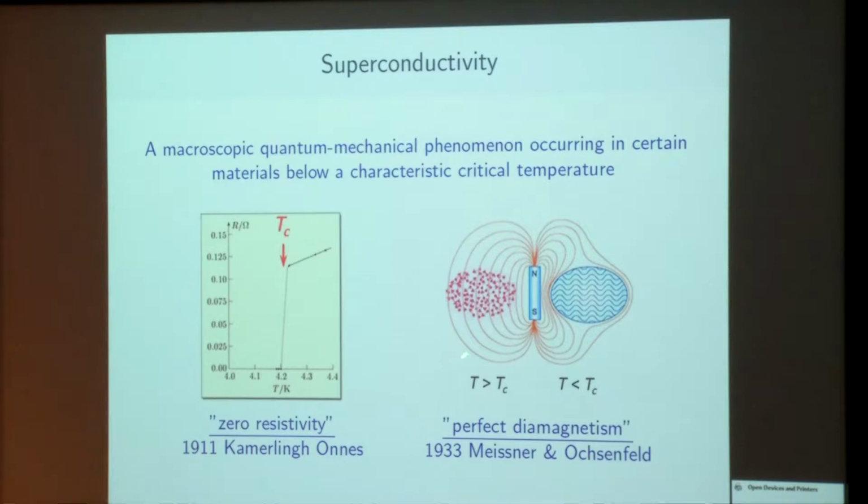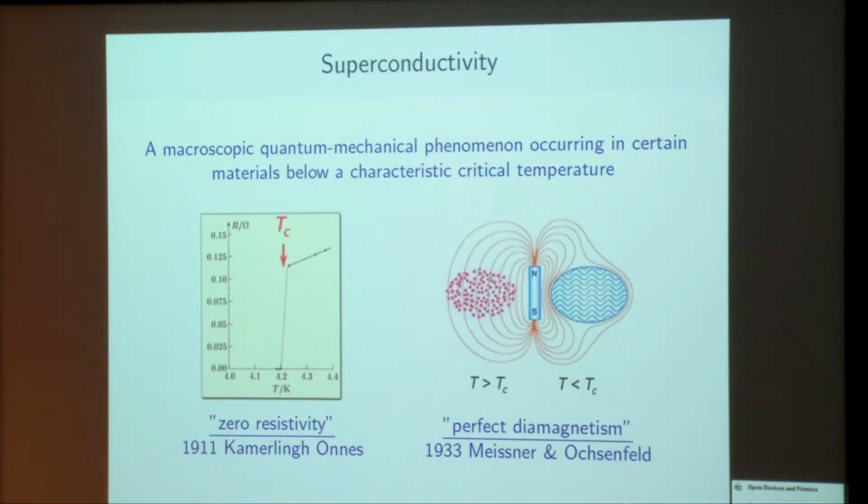And then the second manifestation is, for example, perfect diamagnetism. Basically, a magnetic field is expelled from a superconducting state. And this was discovered in 1933 by Meissner and Ochsenfeld. Since superconductors can carry very high current densities and can generate very high magnetic fields, they find numerous applications.